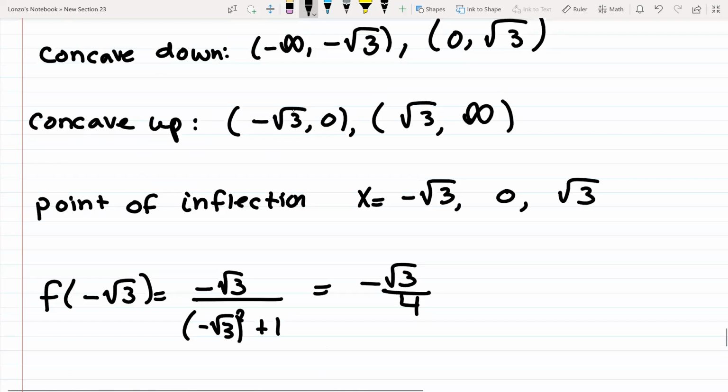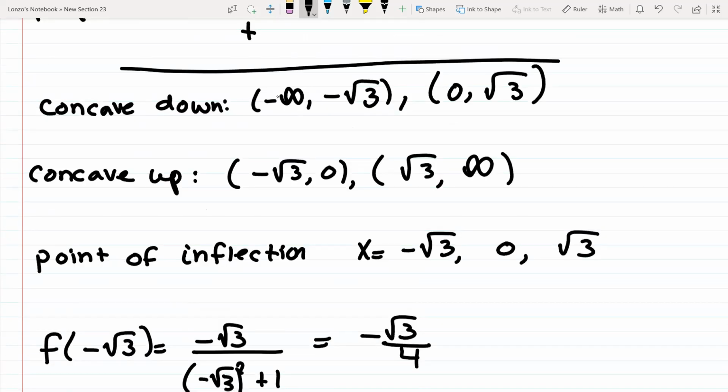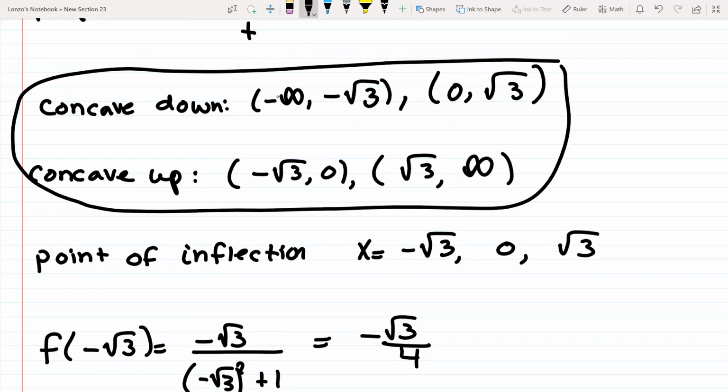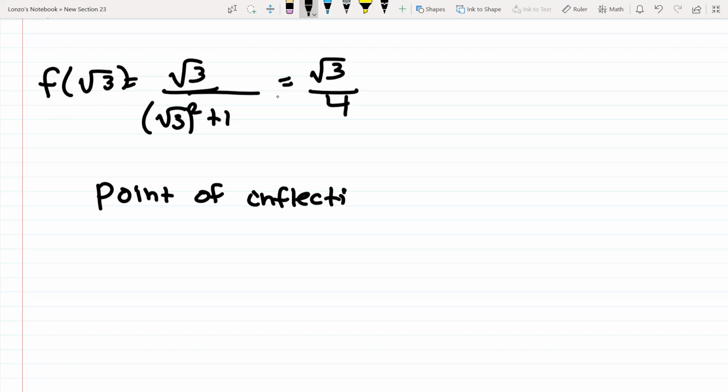Okay, so concave up, down, up in these boundaries, and we have a point of inflection at these 3 points.